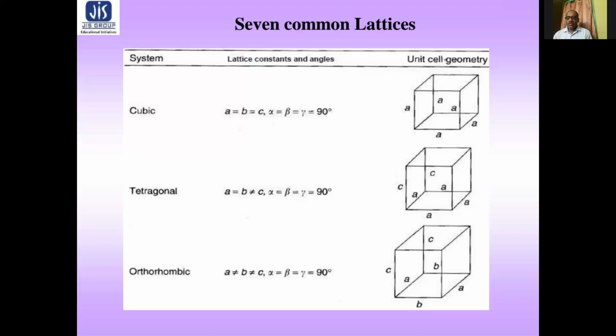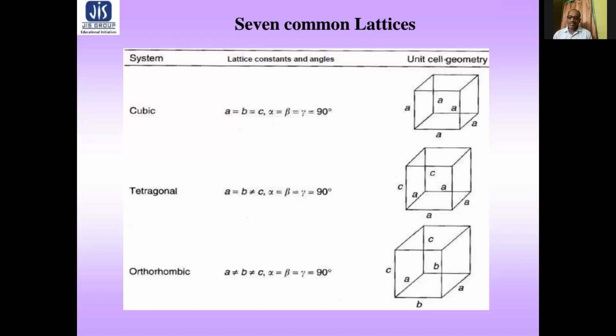So first of all, in a cubical cell, the 3 axes are equal and they are at right angles. So the lattice parameter is A. Next is tetragonal.